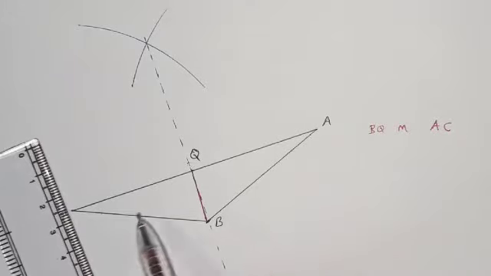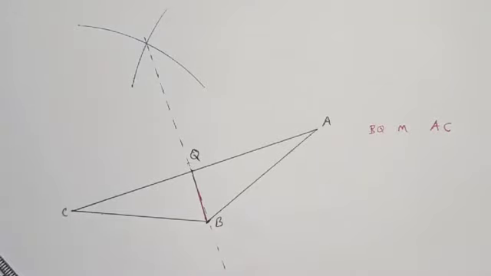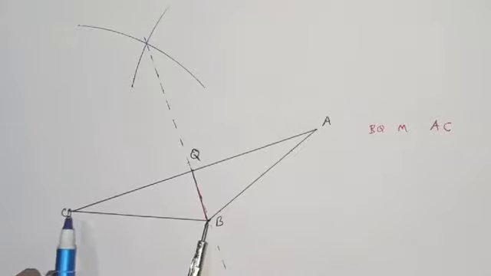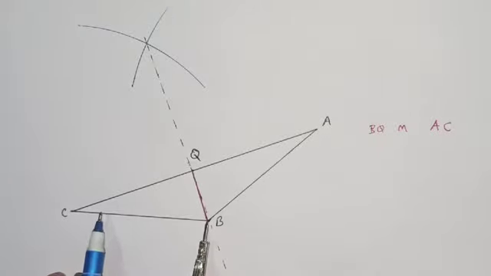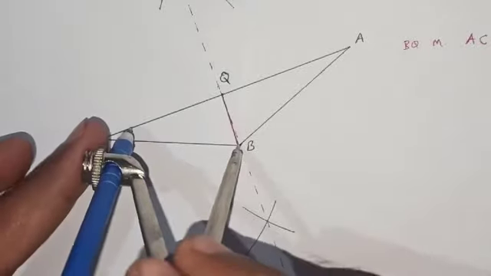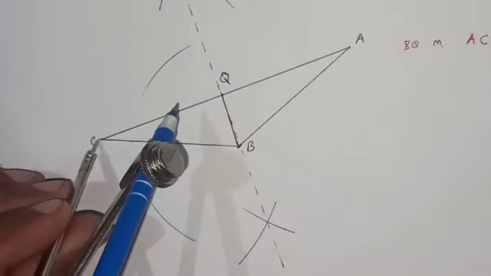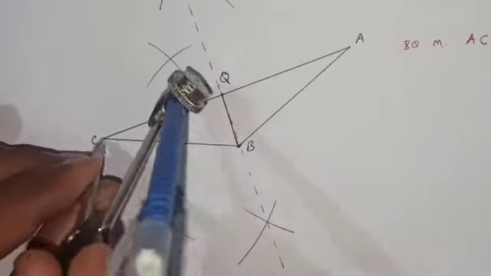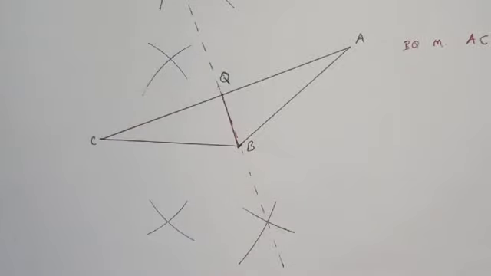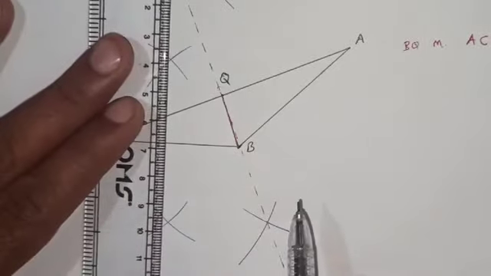Again from point A on side BC, with the help of the compass, take more than half the side, and we have to draw an arc on the upper and lower side. Again on point C, then join this.